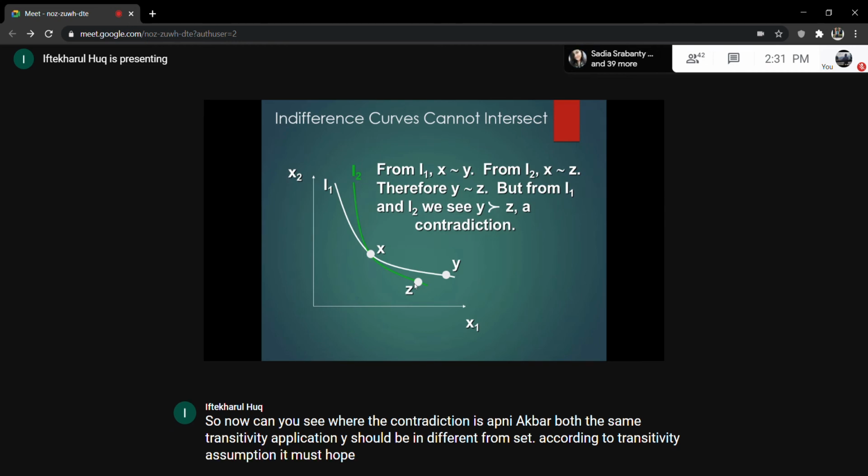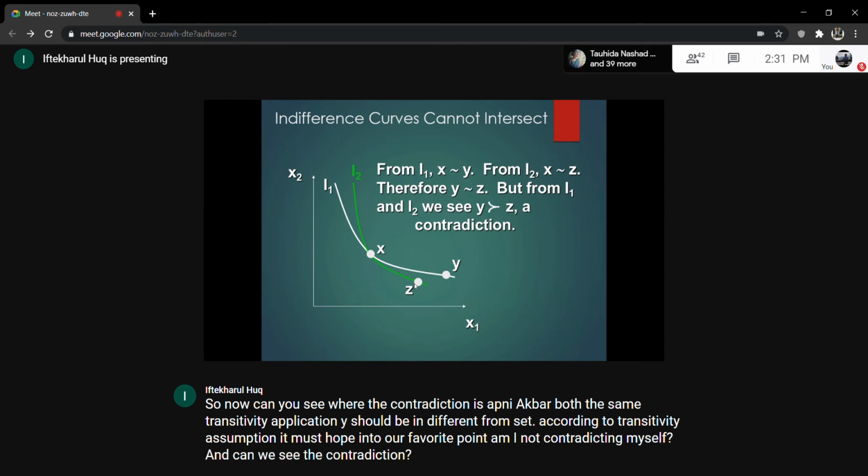But when you look at the two points again, you say that actually I should prefer Y, because in Y I get more X1 and more X2, so Y is definitely more preferred than Z. That means I am interpreting the same two points in two ways. Once I say they should be indifferent to each other, and once I say one should be more preferred than the other. Am I not contradicting myself? Can you guys see the contradiction?